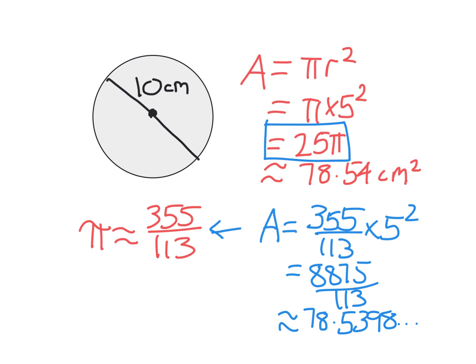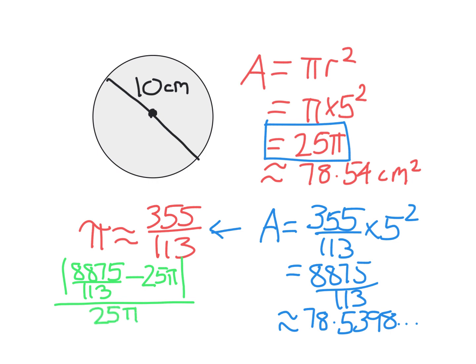We're going to calculate the percentage error, which I know you love doing. So first we calculate the absolute error. So the absolute error is the absolute value of what we got with our approximation minus the true area. So the true area exactly is 25 pi. Now when we're finding the percent error, that's the absolute error, but then we divide by the true measurement, 25 pi, and then we times by 100 and stick a percent sign on our answer.